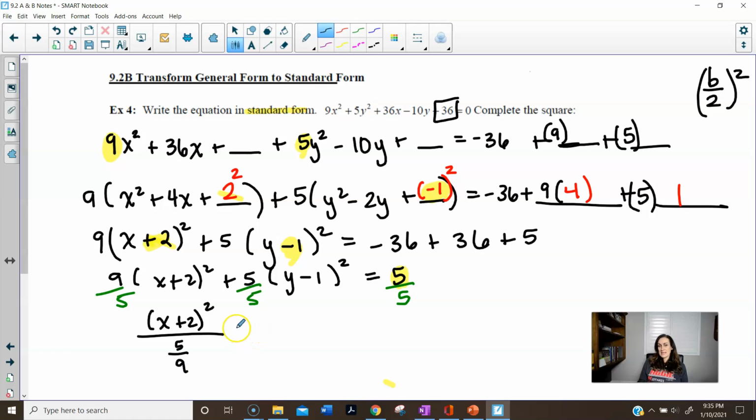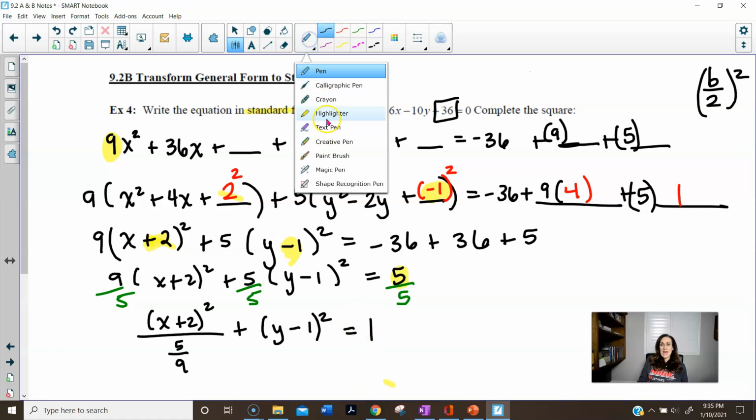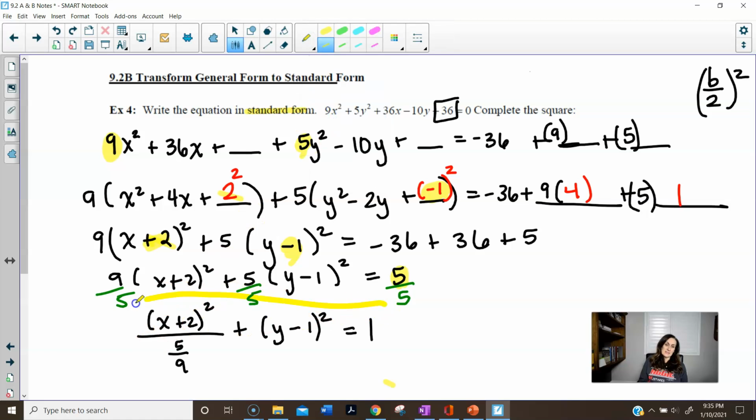So it would look like that. Plus 5 over 5 is 1, so that would be y subtract 1 quantity squared, which equals 1. And that is what this equation looks like in standard form.